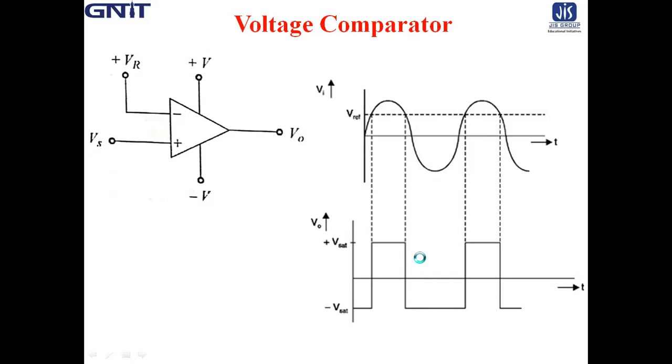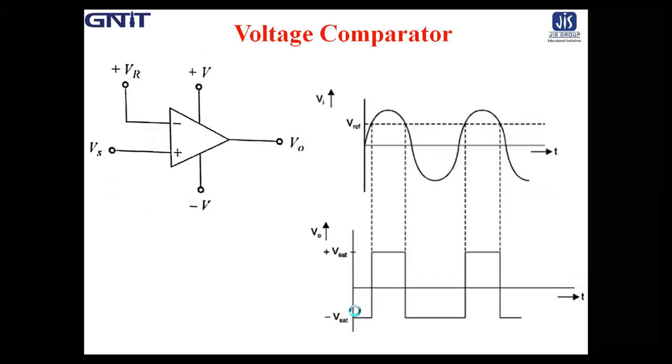And for slightly negative Vs, V0 switches to minus Vsat. The operation reverses when the non-inverting input is grounded.